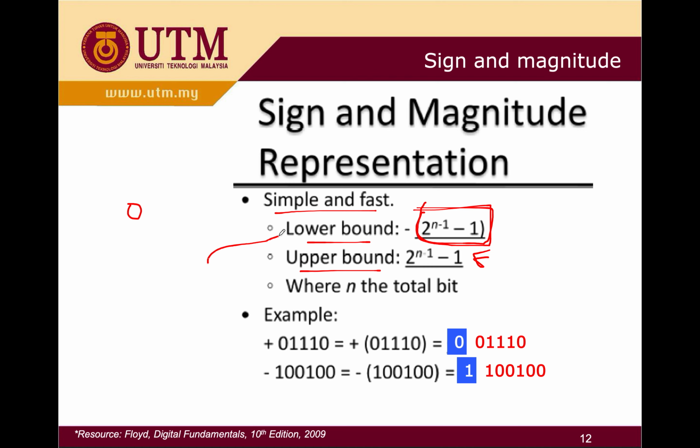But for a signed number, the lower bound is negative 2 to the power of n minus 1, where n is the total number of bits. So for unsigned, the range is 0 to 2 to the power of n minus 1. But for the signed number, the minimum is minus 2 to the power of n minus 1, and the upper bound is 2 to the power of n minus 1, minus 1.